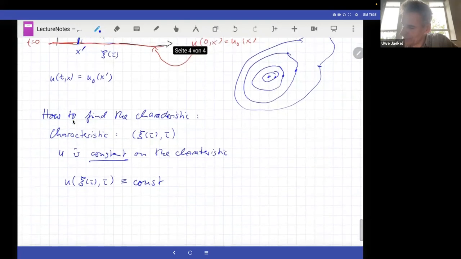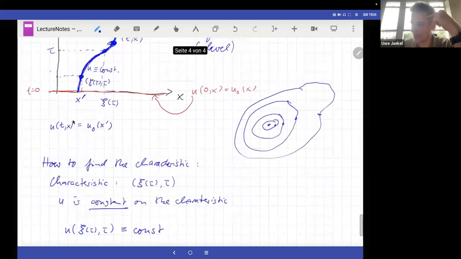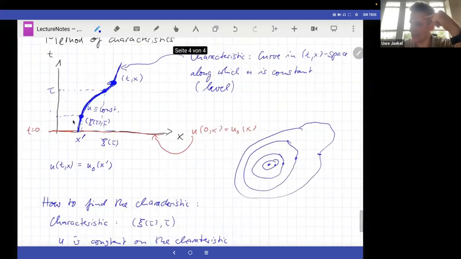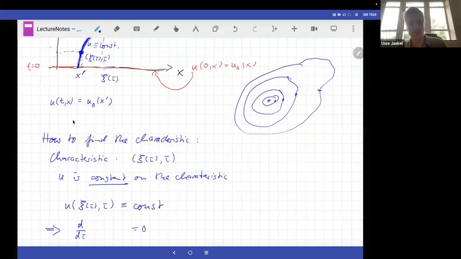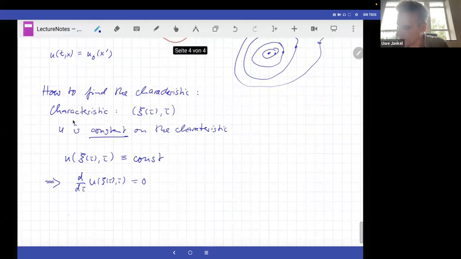But this means that it does not depend on tau. Tau specifies the position on the characteristic at every time. This means that if we take the derivative of a constant with respect to tau, that must be 0. The derivative of a constant function is 0. But what is the derivative of u along the characteristic?